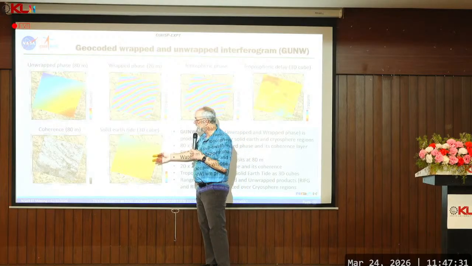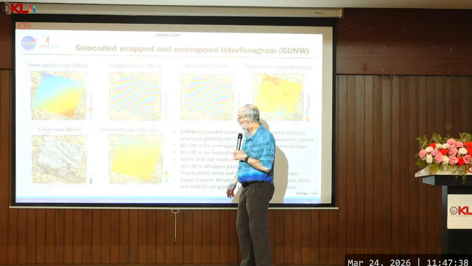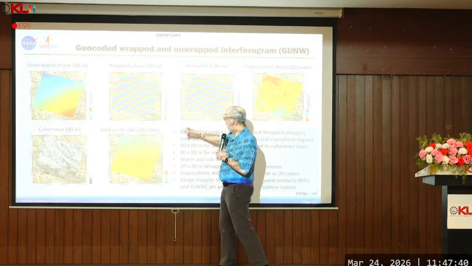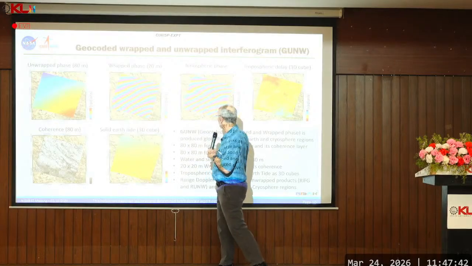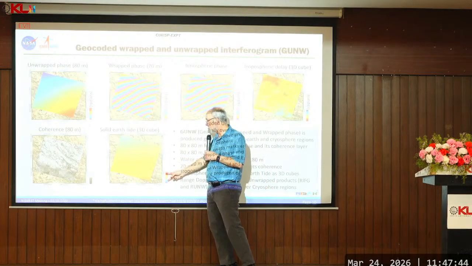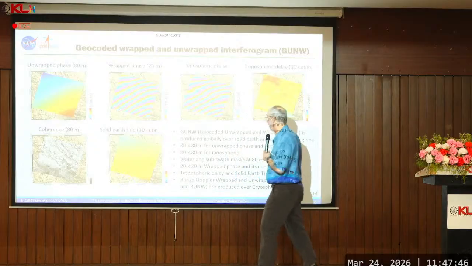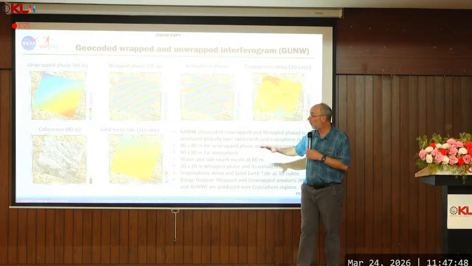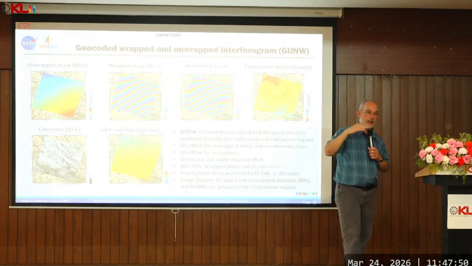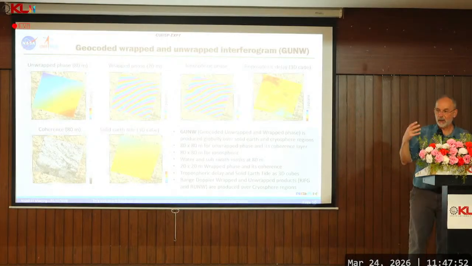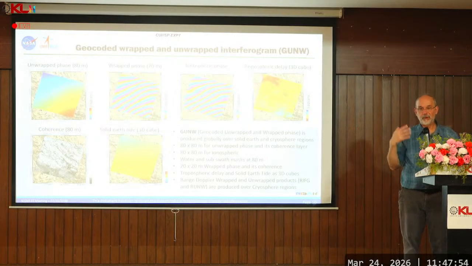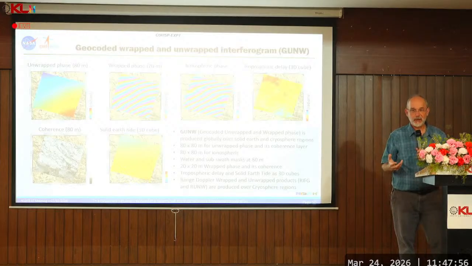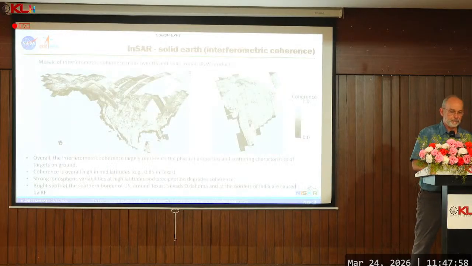We also, for the geophysicists in the room, provide an estimate of the solid earth tide as a correction factor. These all have different scales associated with them, so this is a very small term. So these are all provided within one product, multiple layers in one product, sort of a one-stop shop for everything you need to do your interferometric analysis.